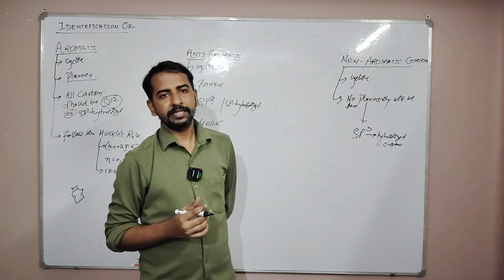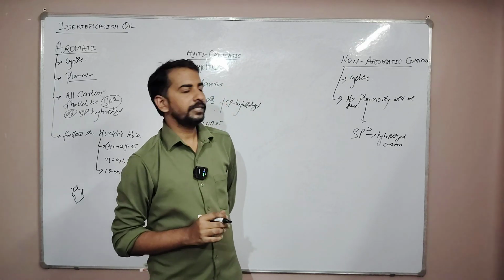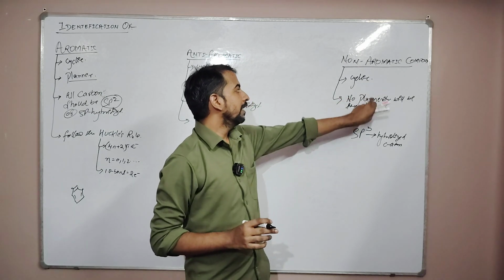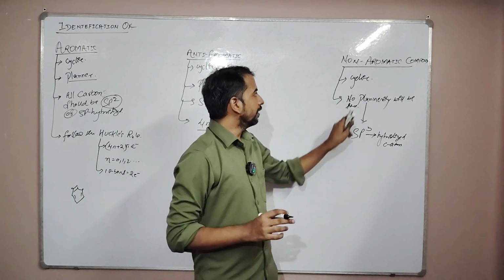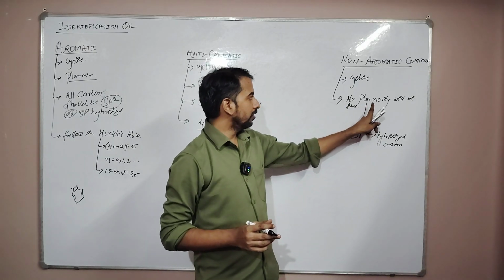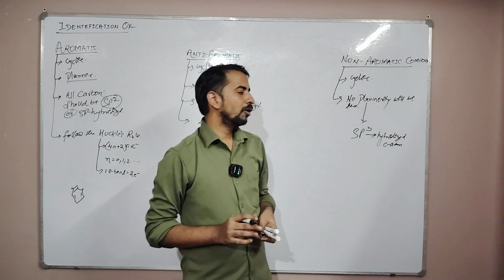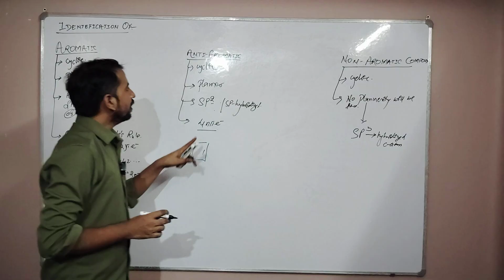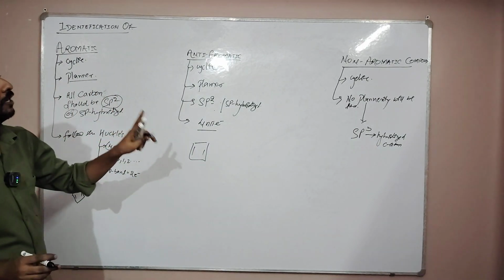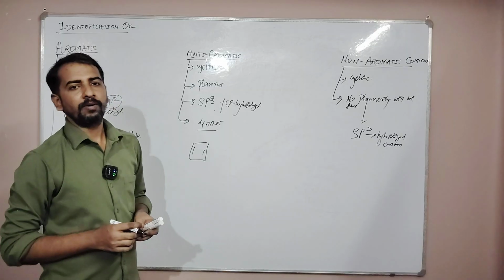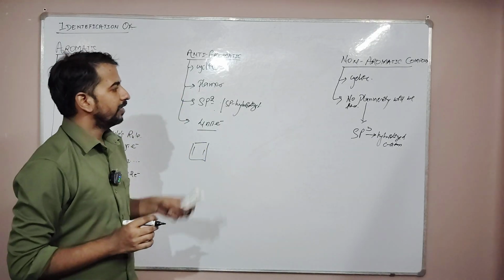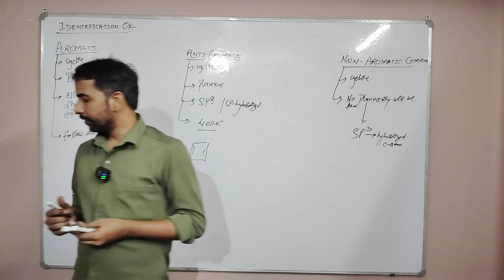For the time being, you should know the compound may be cyclic, but its planarity will be lost. So these are the simple characterizations of aromatic, anti-aromatic and non-aromatic compounds. Now we will discuss some examples to see the differences. Please note this down.